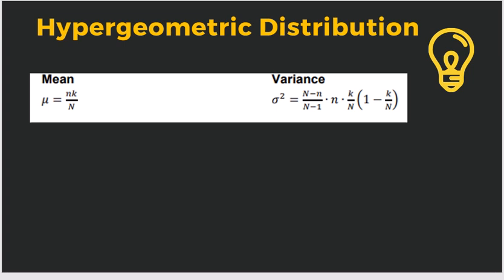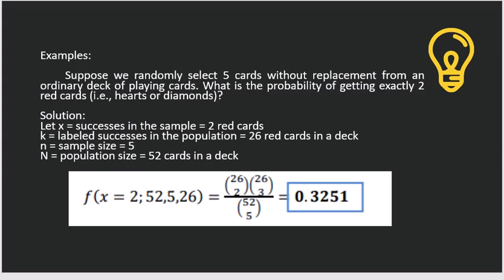For you to understand the hypergeometric distribution, let's have a given example. Suppose we randomly select 5 cards without replacement from an ordinary deck of playing cards. What is the probability of getting exactly 2 red cards, either heart or diamond? In a deck of cards, there are only two colors being discussed, black and red.